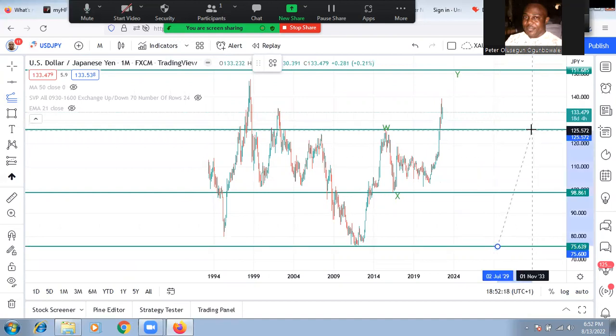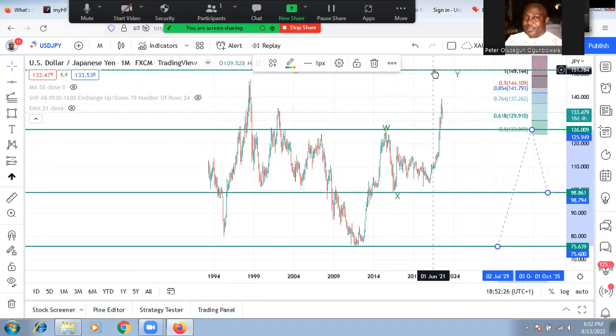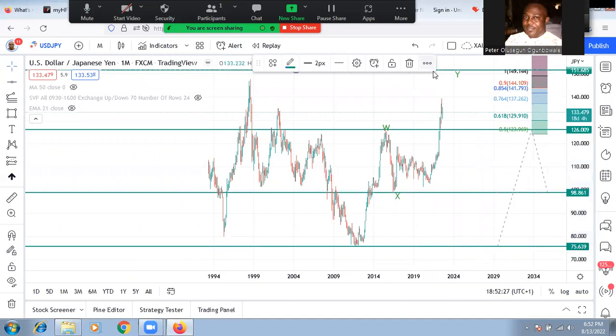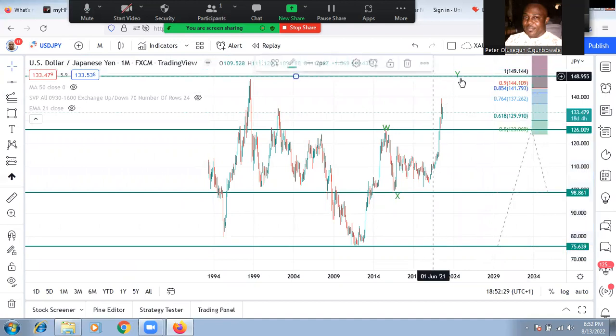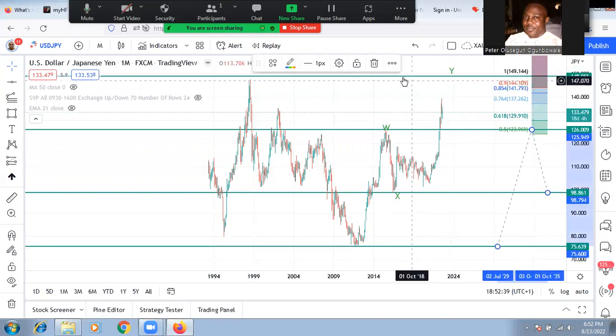So from here and down to this level, this is where 100 is. So we expect to get to this level, and this is where we should see the price changing gear. That is where we are going.